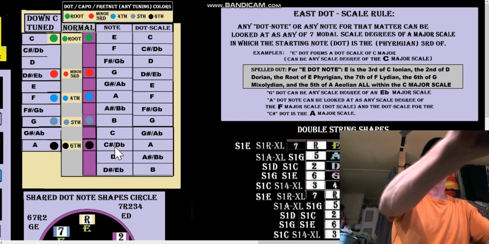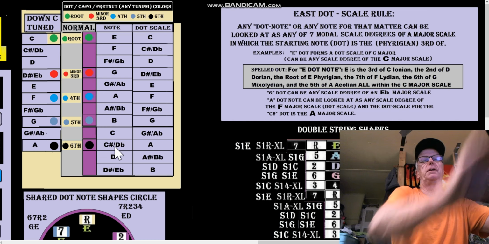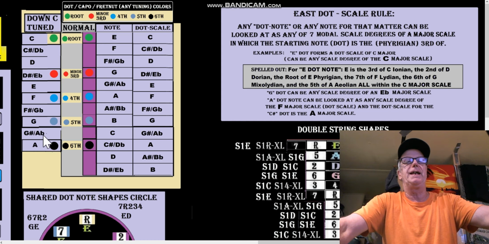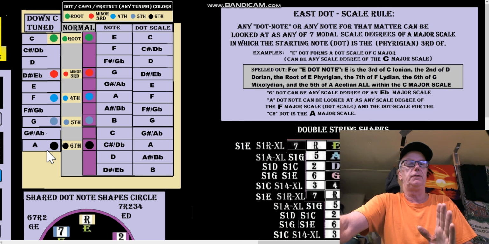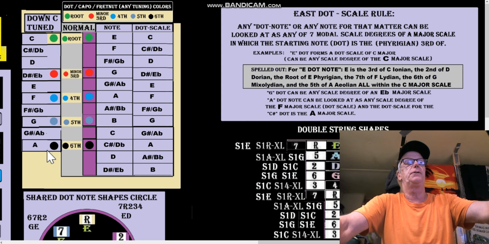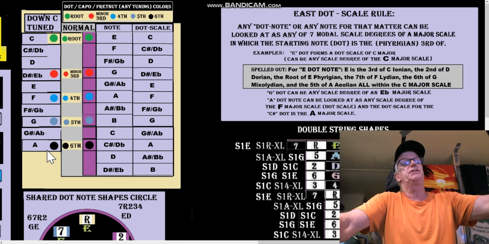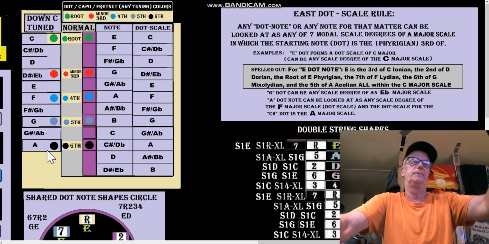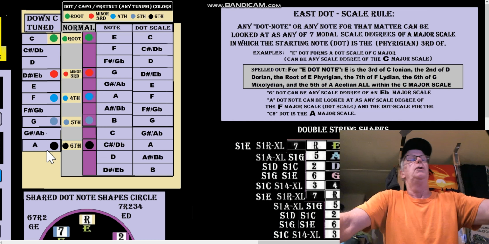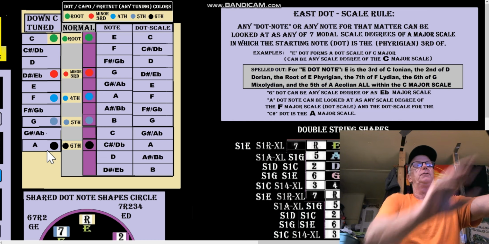So we start on that A. We look at the scale that A dot note is the 3rd of. Okay, and it would be the 3rd of the F scale. So we're going to form 7 keys from the F. Key of F, key of G, key of A, key of B flat, key of C, key of D, key of E. Okay? What is A to those keys?